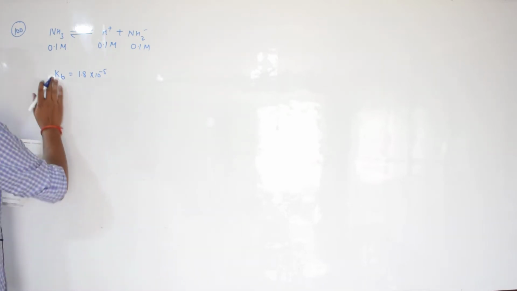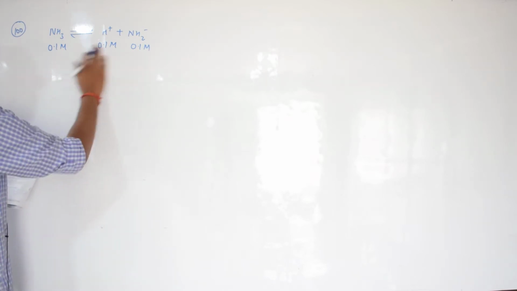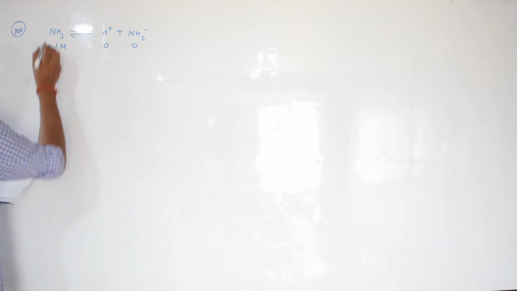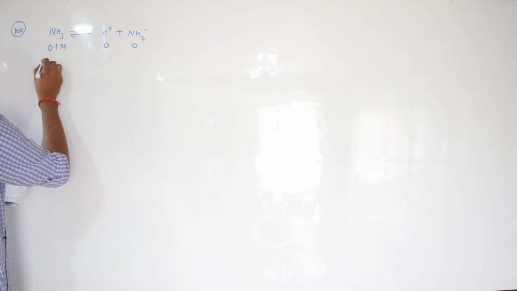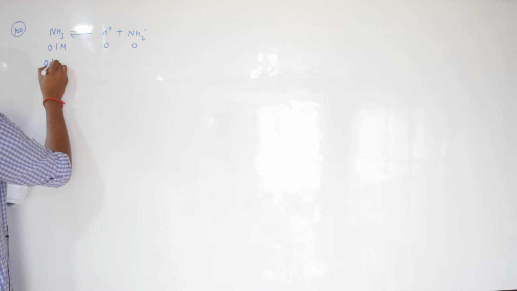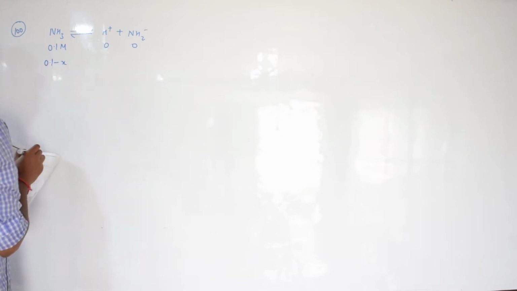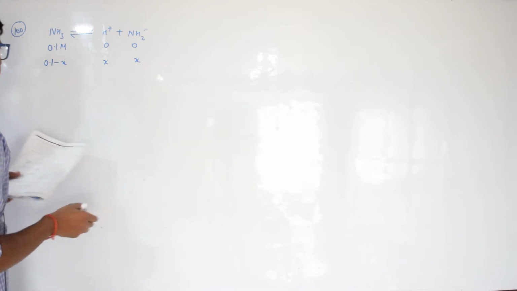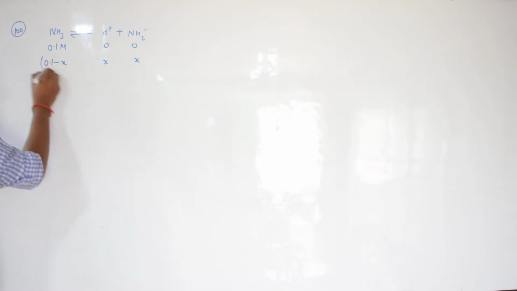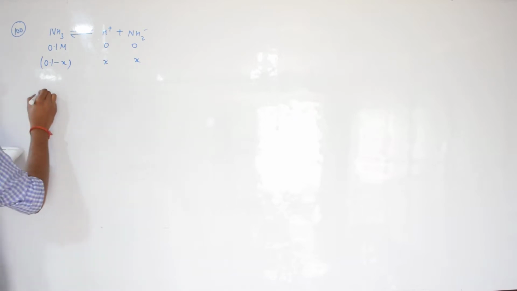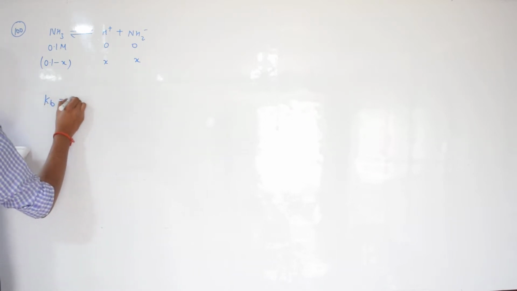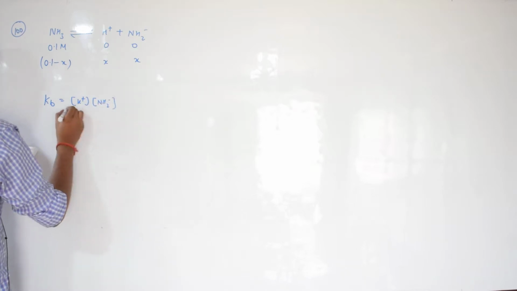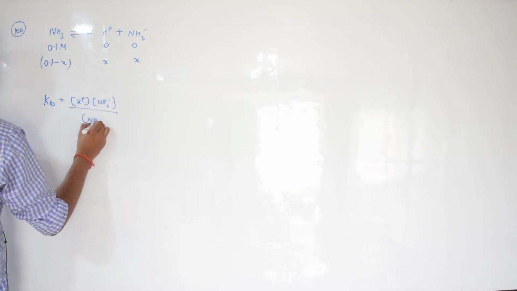Okay. So, when we have this 0.1 molar, then the change would be X. So, Kb is equal to the concentration of H plus ion times the concentration of NH2 minus ion upon the concentration of NH3.